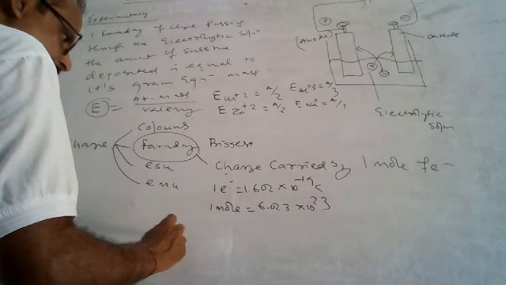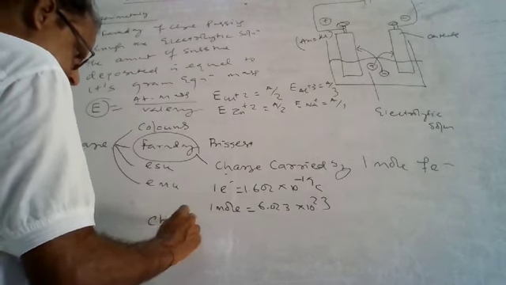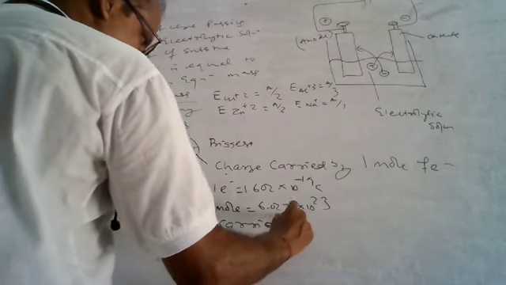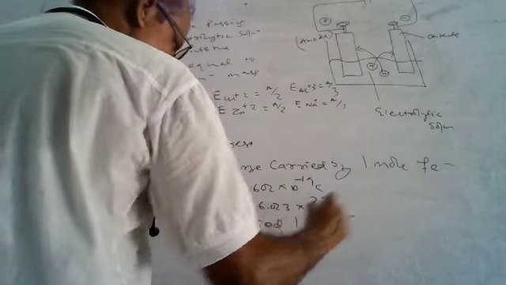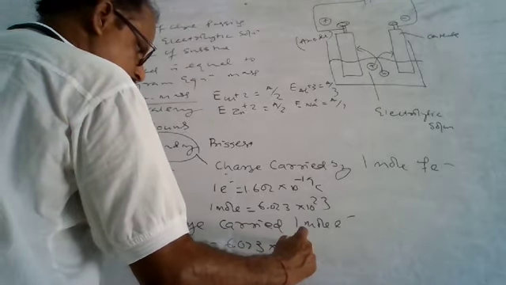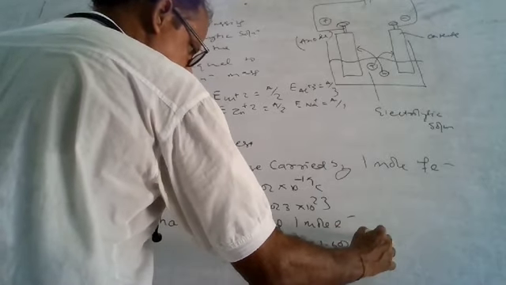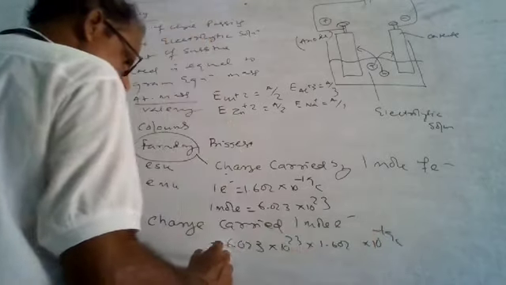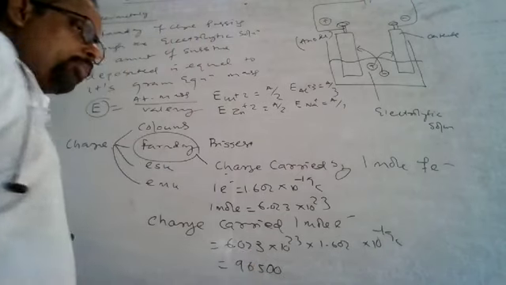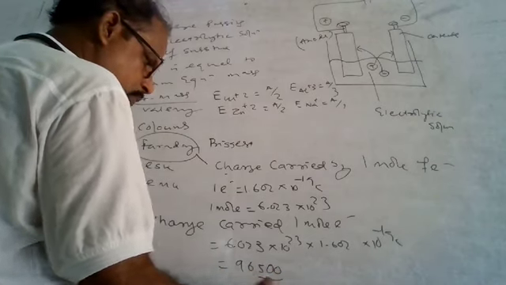The charge carried by 1 mole of electrons is the product of these two, which will be about 96500. It is actually 96484, not 96500.